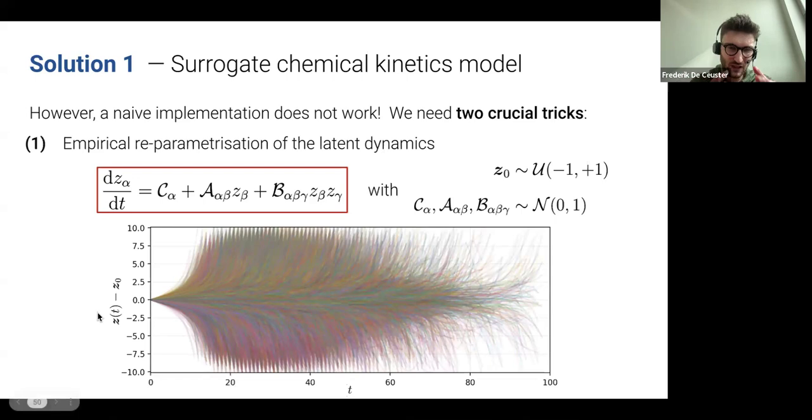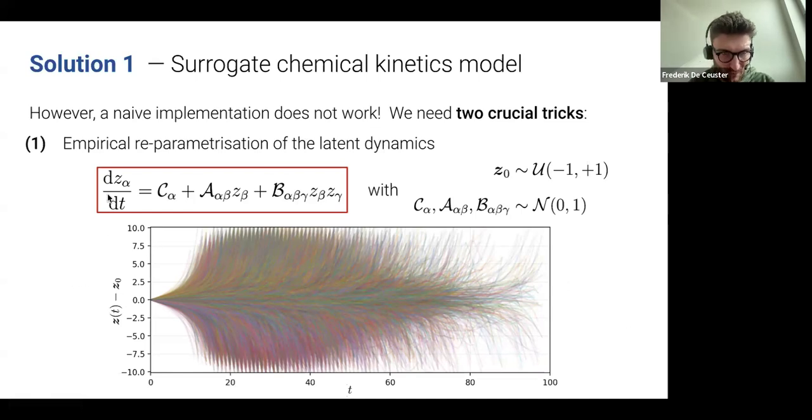If you take a random ODE of this form, and you pull the coefficients C, A, and B randomly from a normal distribution with mean 0 and standard deviation 1, and let's say we take random initial conditions from a uniform distribution between -1 and 1, and then look at how that would behave if we solve for that dynamics, what you get is the thing I show here below.